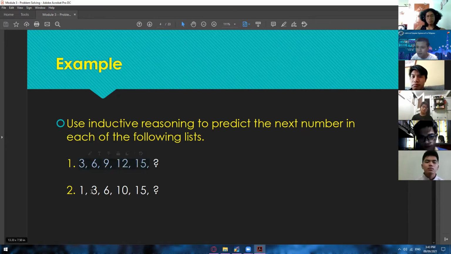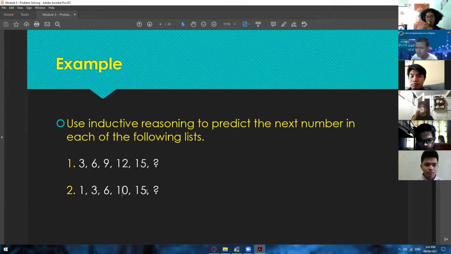How about number 2? We have 1, 3, 6, 10, 15. 21. Mm-hmm. What about the others? Do you have the same answer? 21 also. Okay, this one is quite harder.